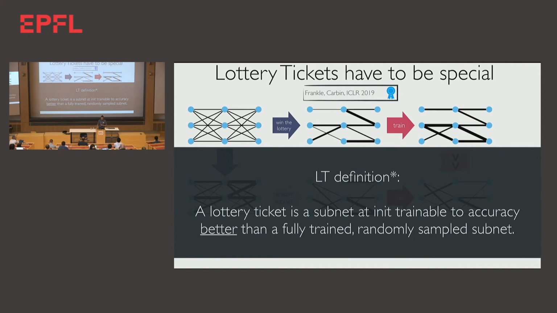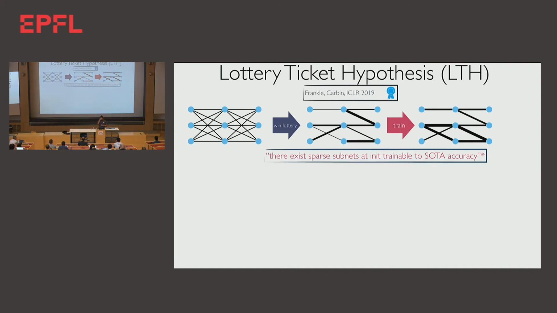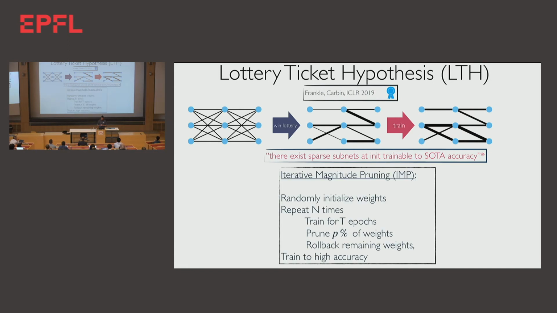So how did they find them? In the original paper, they suggested an algorithm that is now known as IMP, iterative magnitude pruning, that is very reminiscent of the train, prune, and retrain type of algorithm, with one difference: once you prune, whatever weights survive the pruning phase are rolled back to their initial value, all right? So you train for a bunch of epochs, in fact, a lot of epochs.